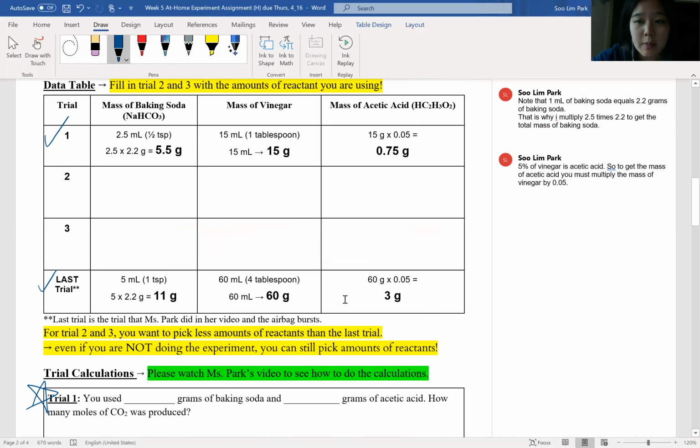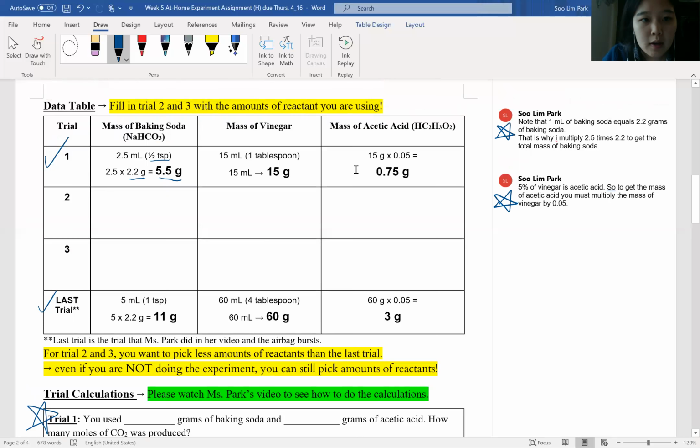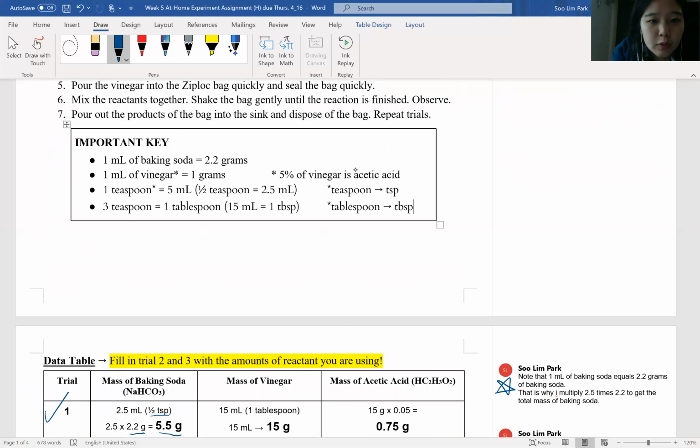In our data table, it says that we added a half teaspoon of baking soda, which equals 5.5 grams of baking soda. If you read my notes on the side, it explains how I got 5.5. Basically, I did 2.5 times 2.2 grams because there are 2.2 grams of baking soda in 1 milliliter of baking soda.